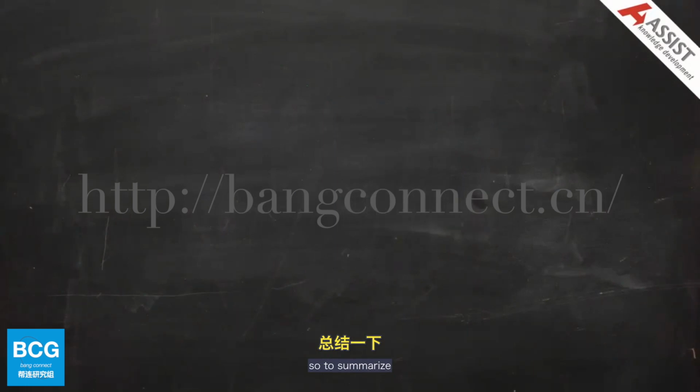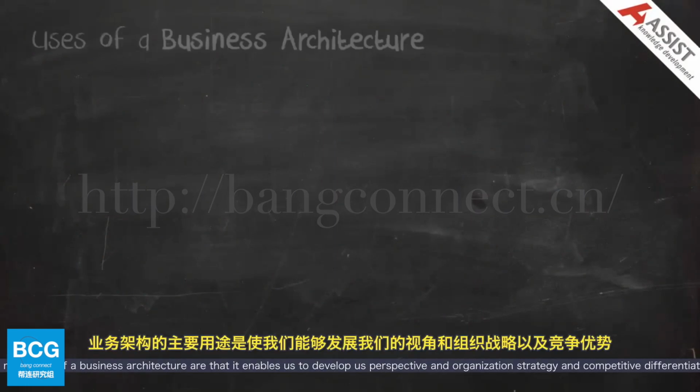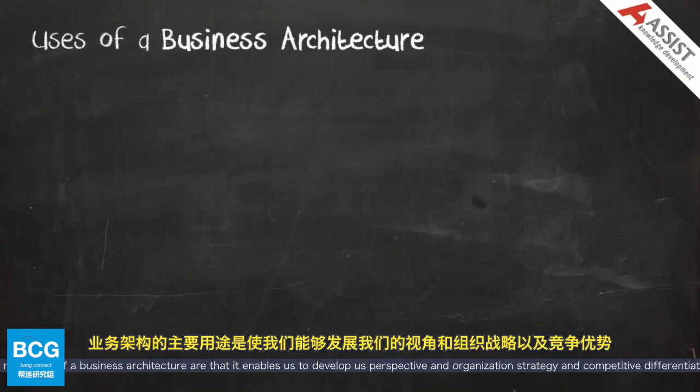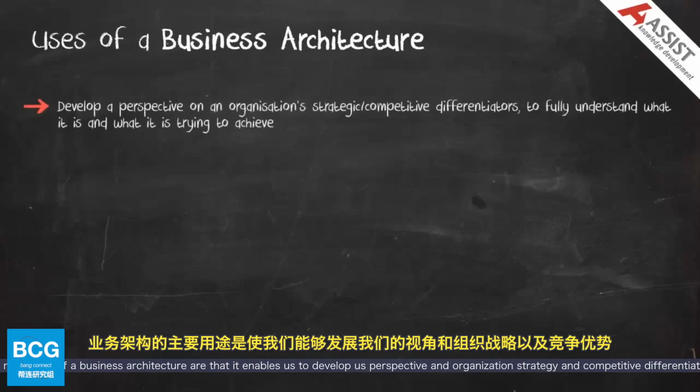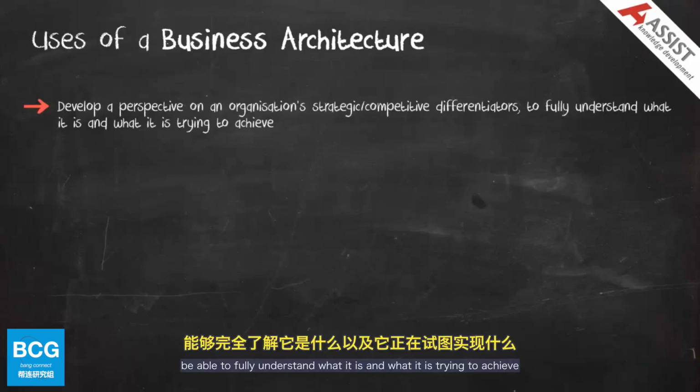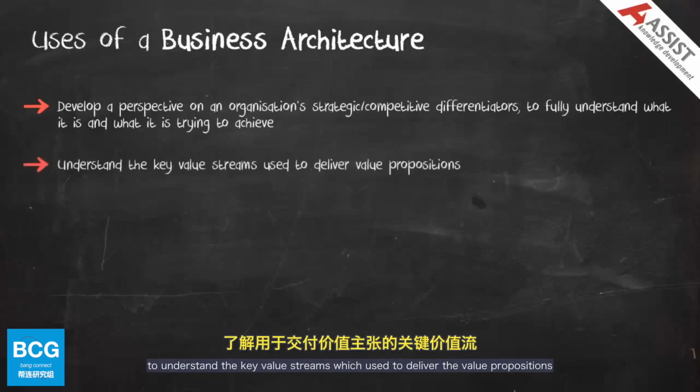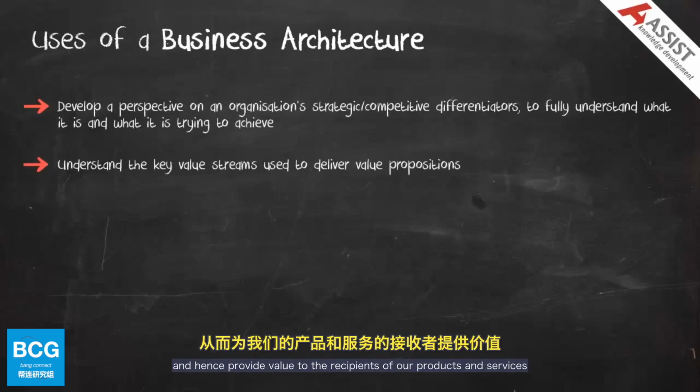So, to summarize, the main uses of a business architecture are that it enables us to develop a perspective of organization strategy and competitive differentiators, and be able to fully understand what it is trying to achieve. To understand the key value streams used to deliver the value propositions and hence provide value to the recipients of our products and services.